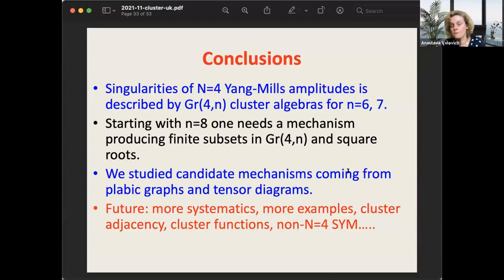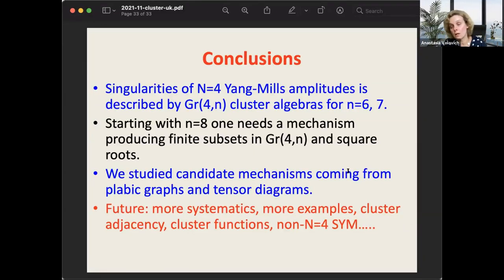There are also certain properties called cluster adjacency, which you'll probably hear about from Jaroslav in the next talk, that start playing a role. The cluster adjacency structure fixes the actual structure of the final function. We call them cluster functions. So there's even more structure than what I described to you today. Eventually, our goal is to move away from N=4 Yang-Mills theory.